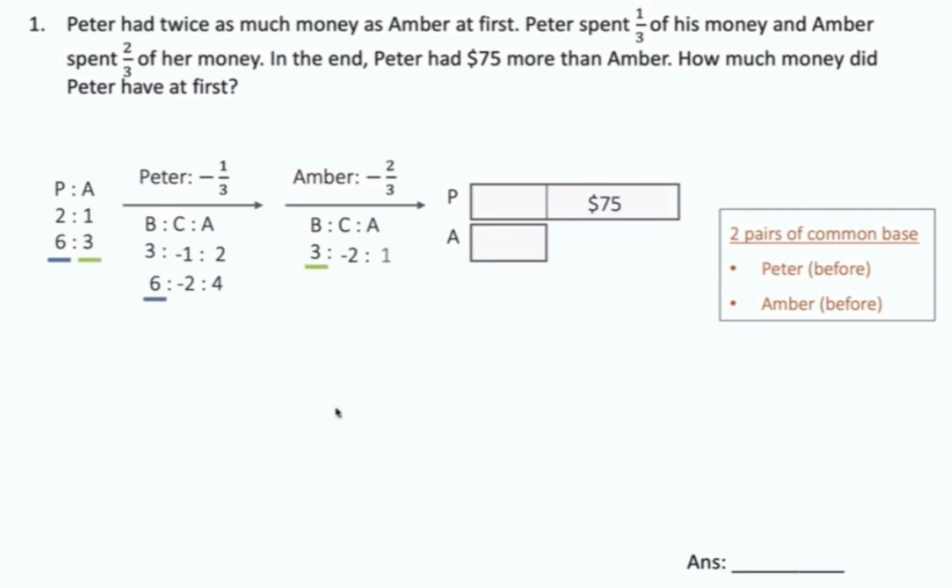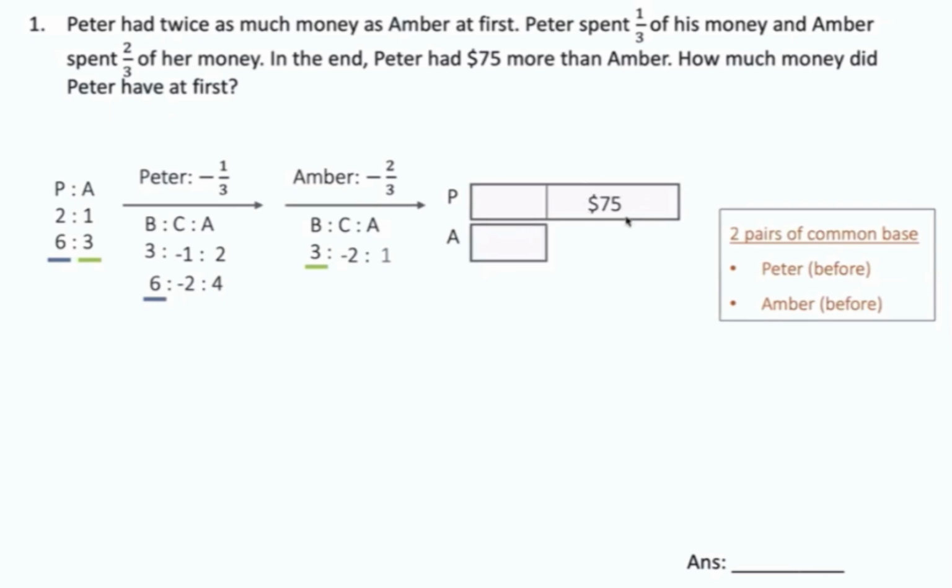Now, step 1, record data. Step 2, look for common base. Step 3, look for value in the question. If you record carefully, properly, the only value in the question you can see is $75. There's nothing else. Once you identify what value it is, you must ask yourself how many units this $75 represents.